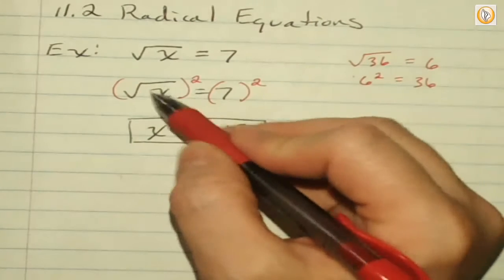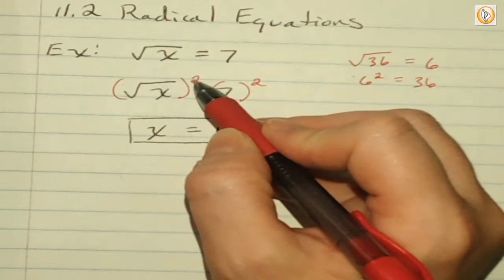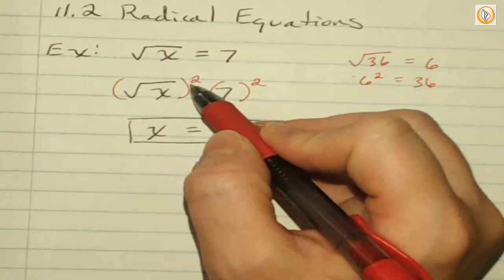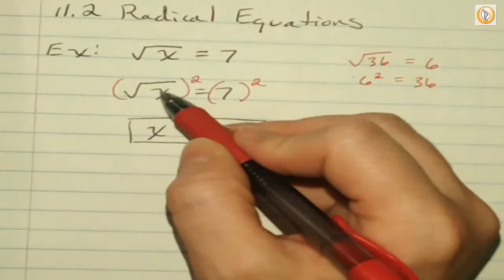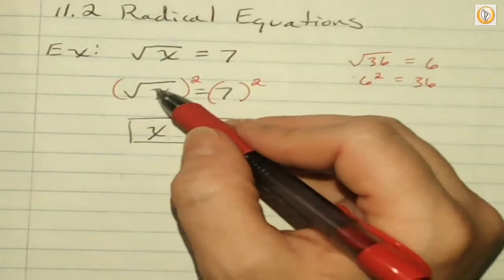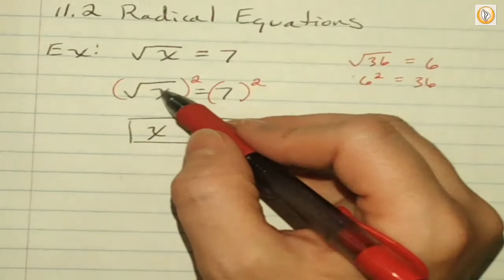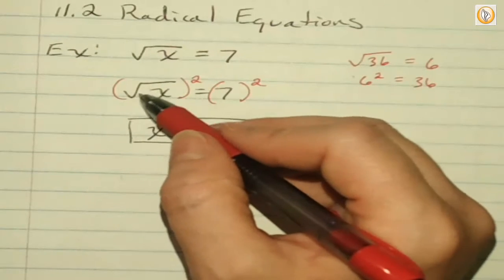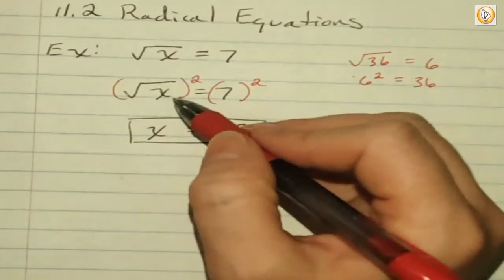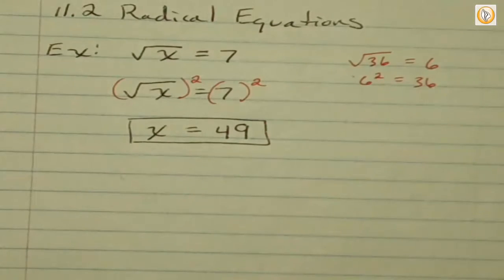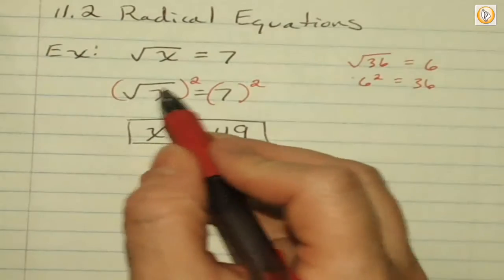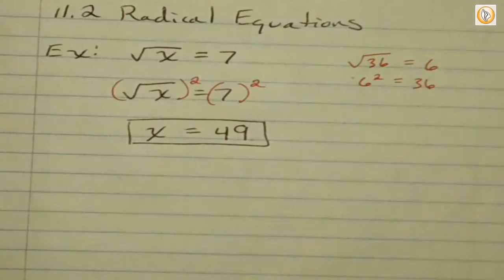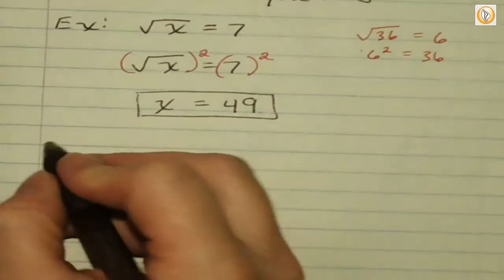So that's why we can get rid of this by squaring it, because that's the whole idea of a square root. But to get rid of it, are y'all listening? To get rid of that square root, you have to do it to both sides. Let's do another one.